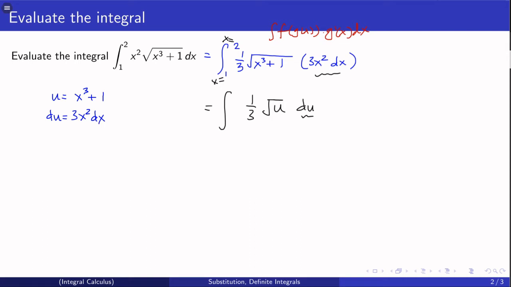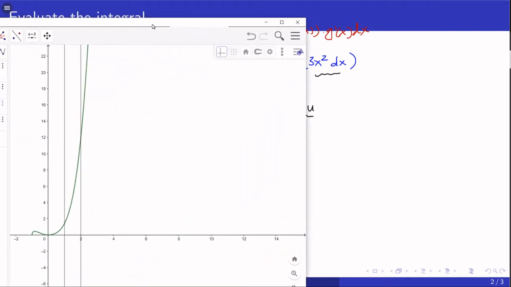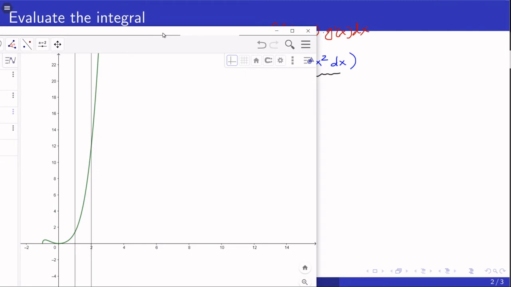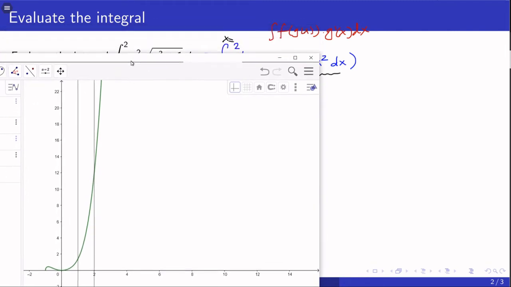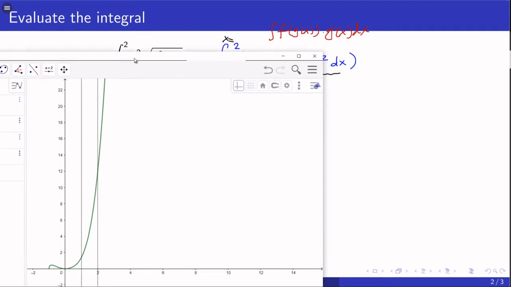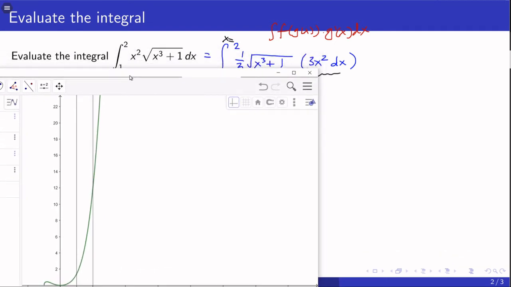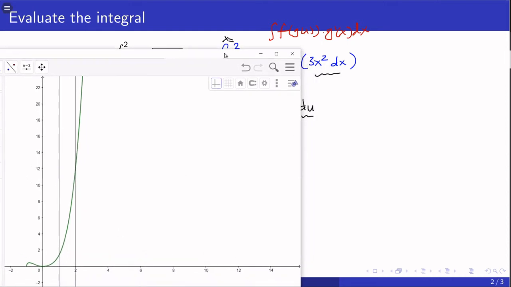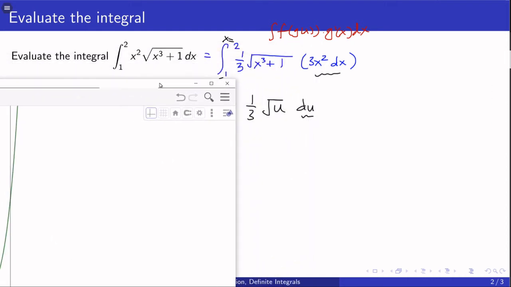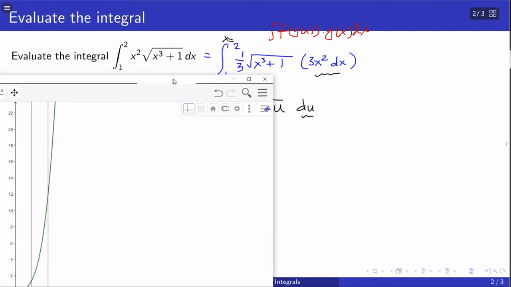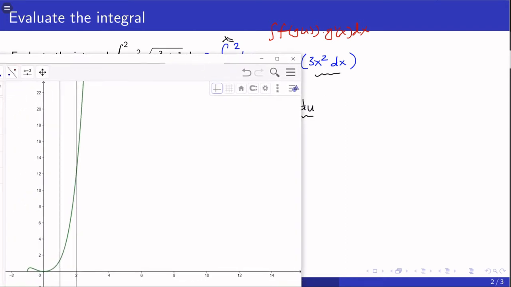And in fact, if you look at the graphs of these functions, this green graph right here is the graph of x squared times the square root of x cubed plus 1. And the integral from 1 to 2 is this area here under the green curve in between 1 and 2. Now, if you look at the function we got when we did the substitution, which is 1/3 times the square root of u, I show that graph here.